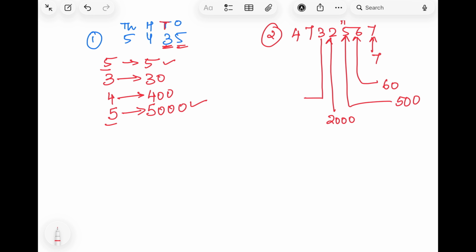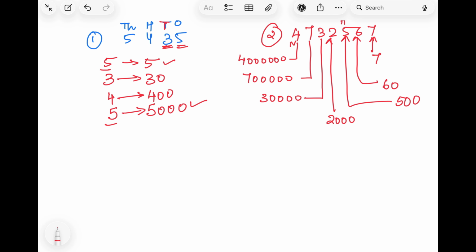The place value of 3 is 30,000. The place value of 7 is 700,000, and the last, 4 million.